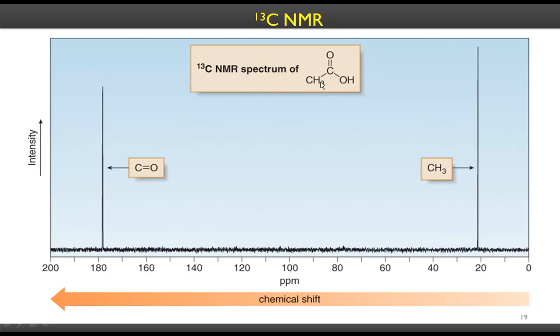Don't count hydrogens as separate chemically non-equivalent nuclei, and that should not deceive you. You don't find a signal for hydrogens, though they are magnetically active, because we decouple the hydrogens. We'll talk about that in a minute. We adjust these frequencies such that we only observe carbon NMR. It's like your radio station.